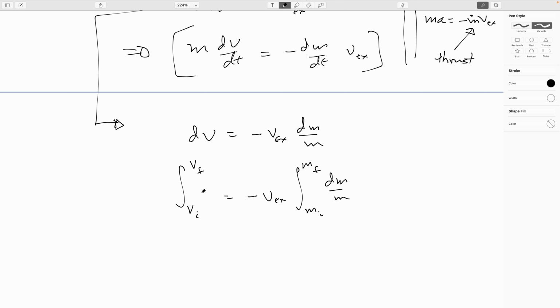Oops, I forgot my dv over here. So this is going to give me v final minus v initial. After I look this up in the table and I do some manipulations, I'll have lost my minus sign here, and I will have a natural log of m initial over m final.